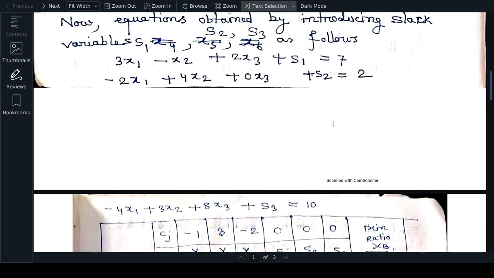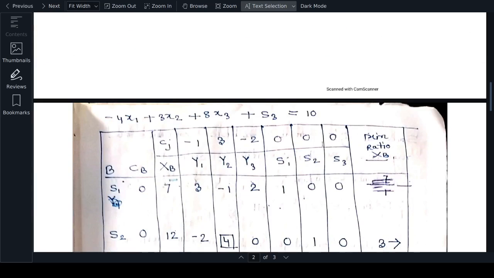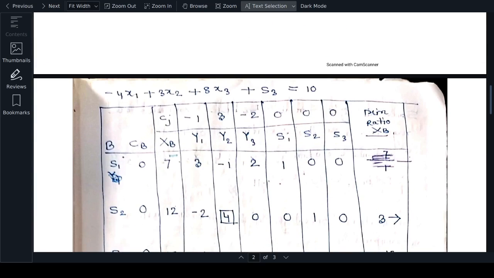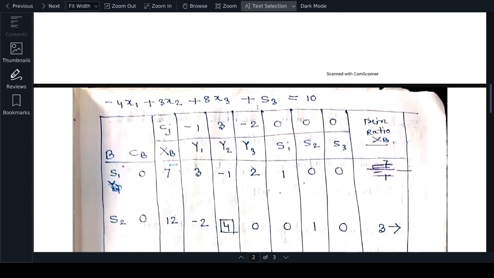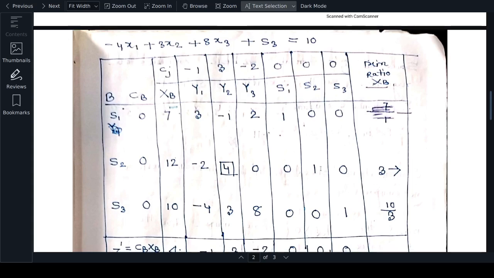You see page number 2, what is the value of y1, means coefficients of x1 are what? 3, 3, minus 2, minus 4, 3. Yes. Then y2 column will be minus 1, 4, 3. Y3 column will be 2, 0, 8.